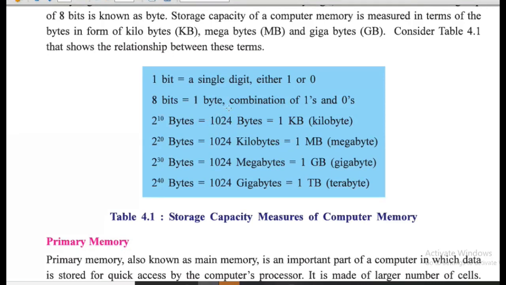It is not rounded off, but it is the nearest value to 1000, that's why we take it as 1 kilobyte. In the same way, 2 raised to the power of 20 bytes is 1 MB. Then 2 raised to the power of 30 is 1 GB, gigabyte. Then terabyte is 1024 gigabytes.